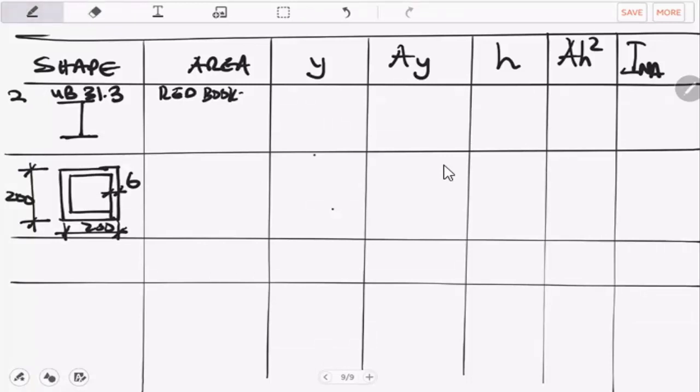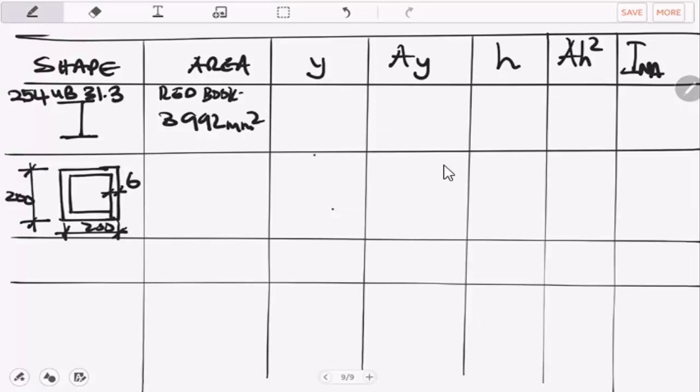If we go into the Red Book, we are looking for the area of a 254 I section with parallel flanges, 254 by 146, and it weighs 31.3 kg per meter. So what is the area? I get 3,992 square millimeters.